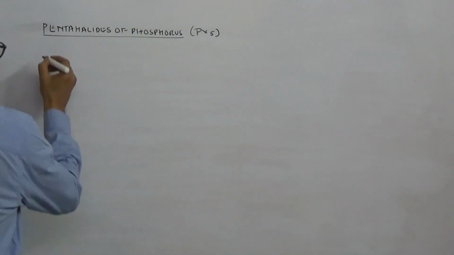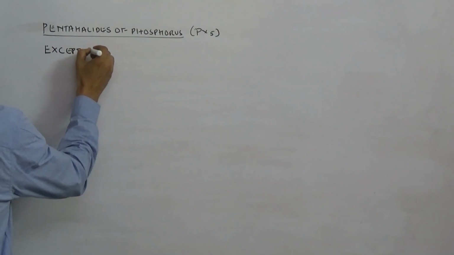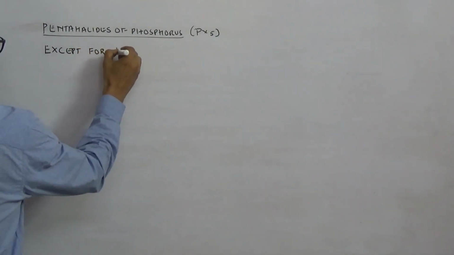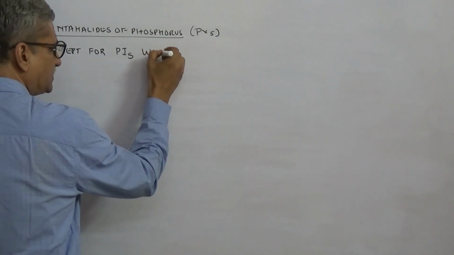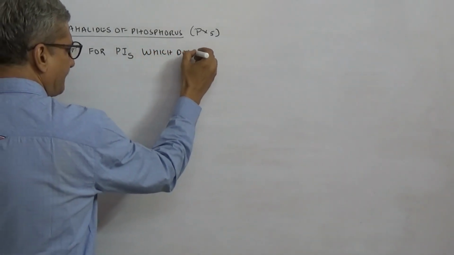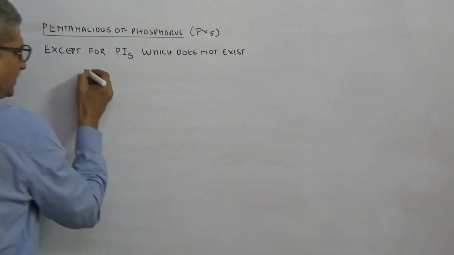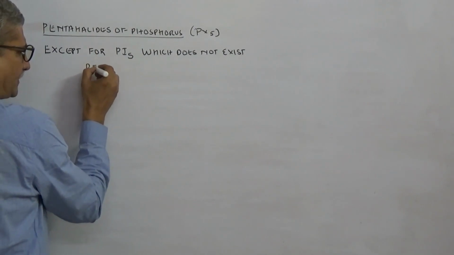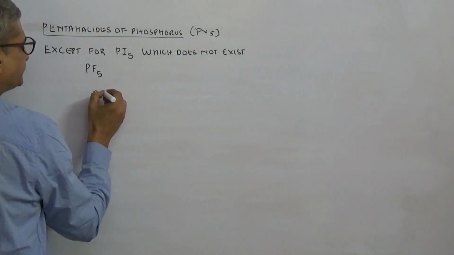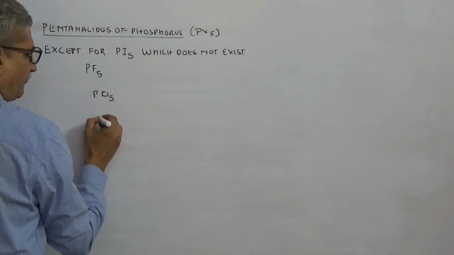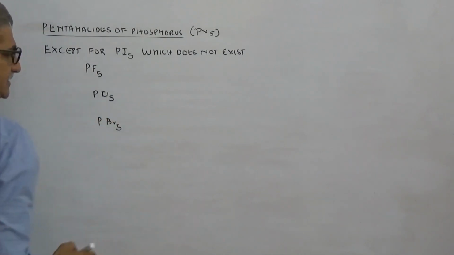Pentahalides of phosphorus. Except for phosphorus pentaiodide, which does not exist, phosphorus pentafluoride, phosphorus pentachloride, and phosphorus pentabromide exist.